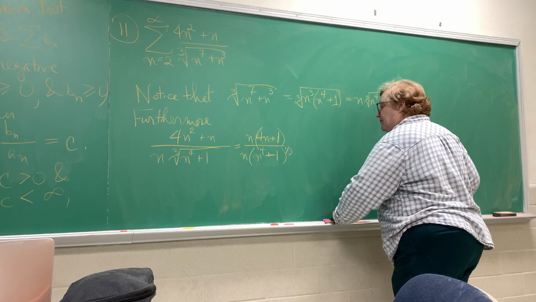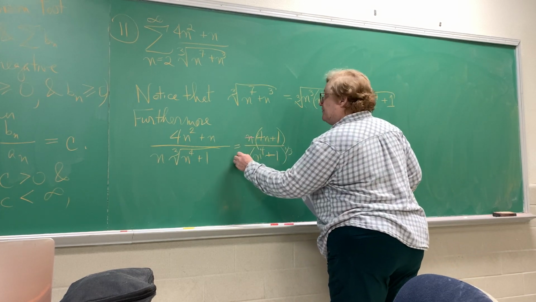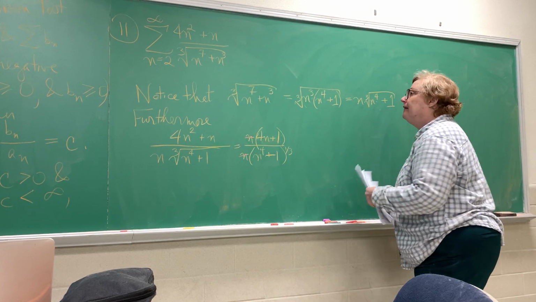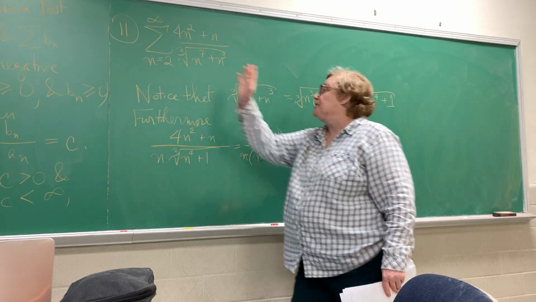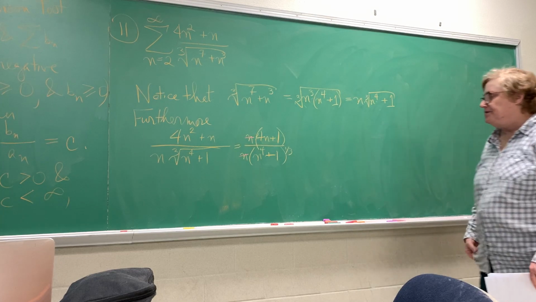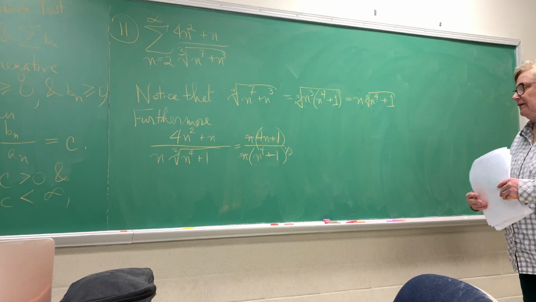So 4n. And now we've got a common factor in numerator and denominator. And we check up here, we're not starting at n equals 0. So we're completely allowed to divide out common factors.